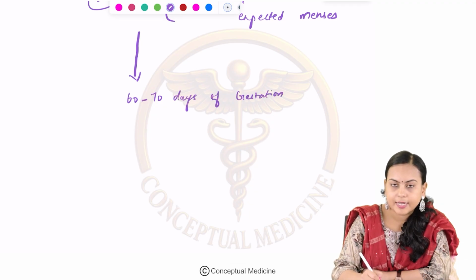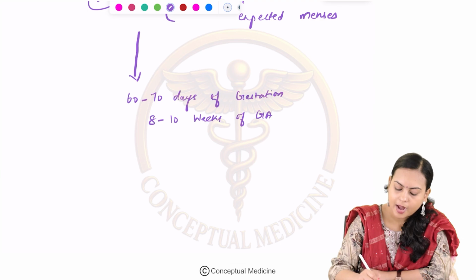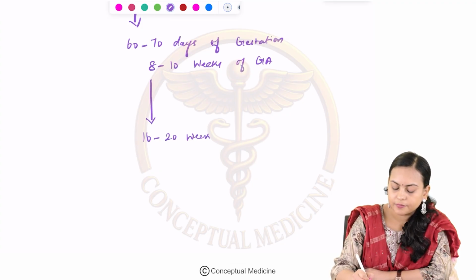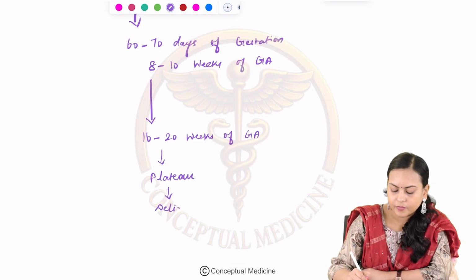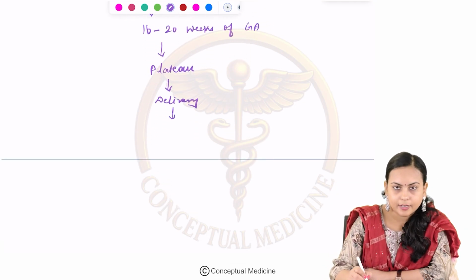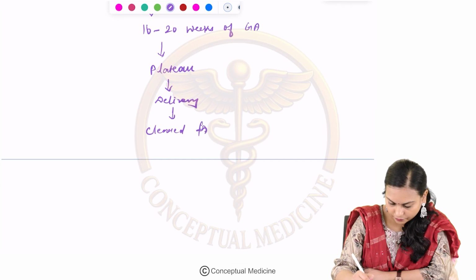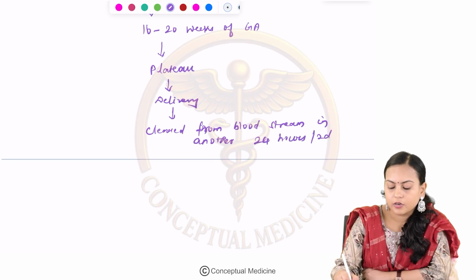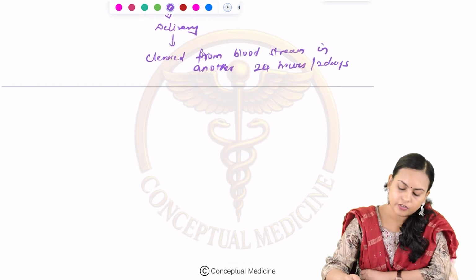In other words, we can take it around 8 to 10 weeks of gestational age, and then it starts declining around 16 to 20 weeks of gestation, and it becomes a plateau level till delivery, and after delivery this will be cleared from the bloodstream within the next 24 hours, or 2 days. Understood?